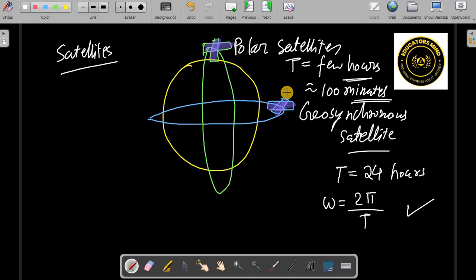So many times it will be going around the Earth. A polar satellite will capture images of the surface of Earth many times and can study different things on the surface. A geosynchronous satellite is monitoring a particular region of the Earth.